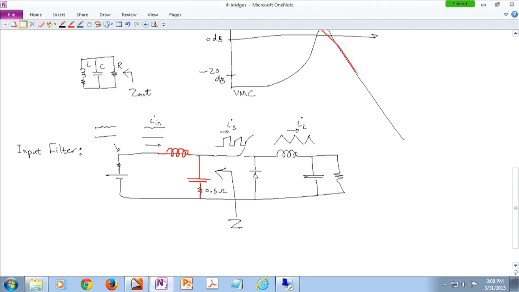Now, this impedance could be a filter, it could be the internal impedance of your source, or it could be another converter. It could be another DC-DC converters upstream, so you're looking at the output impedance of that upstream converter, basically.